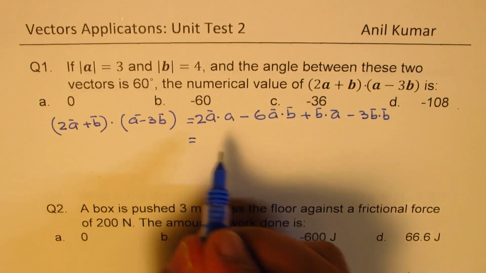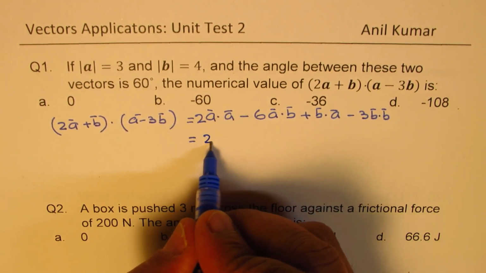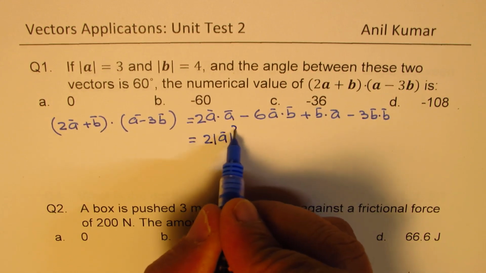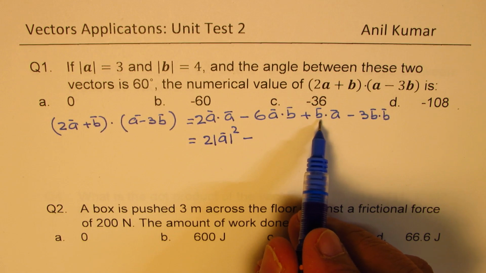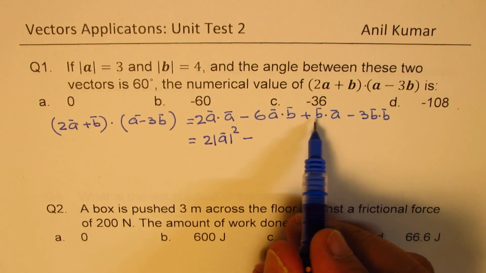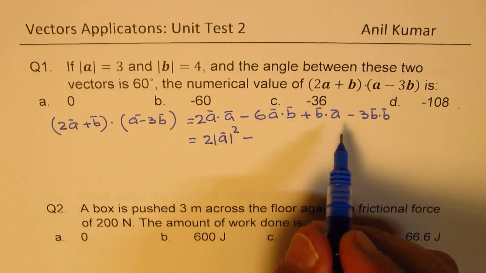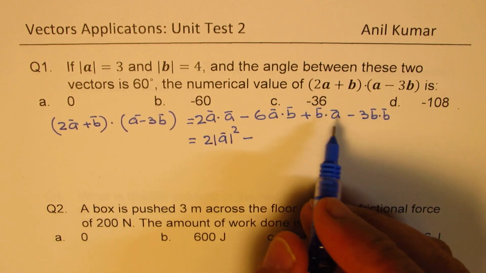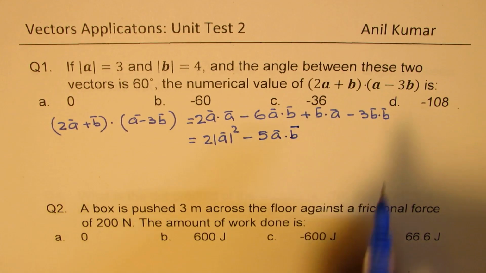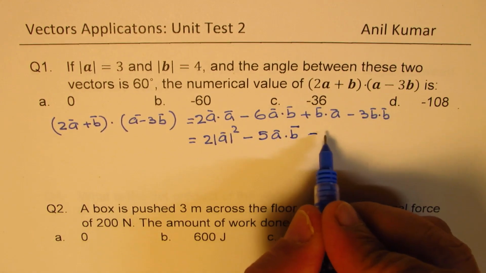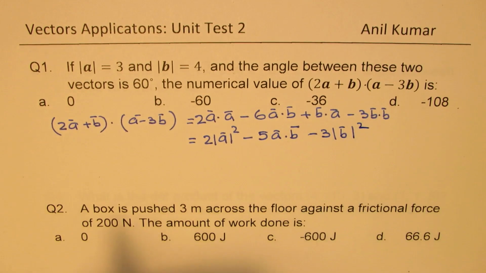Now a dot a is magnitude of a square. 6a dot b plus b dot a. B dot a and a dot b are one and the same thing. Commutative law holds good for dot product. So we get minus 5 a dot b. And this is minus 3 magnitude of b whole square.